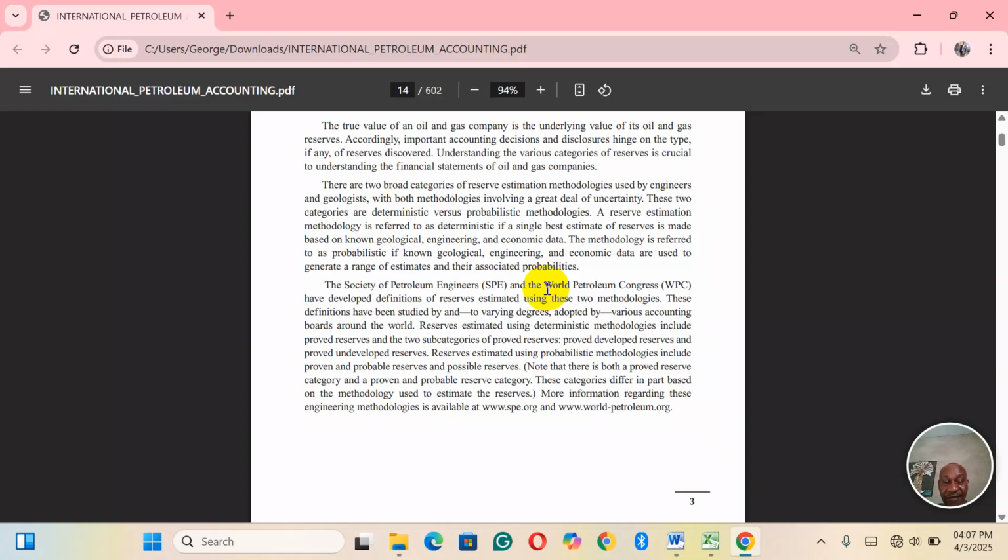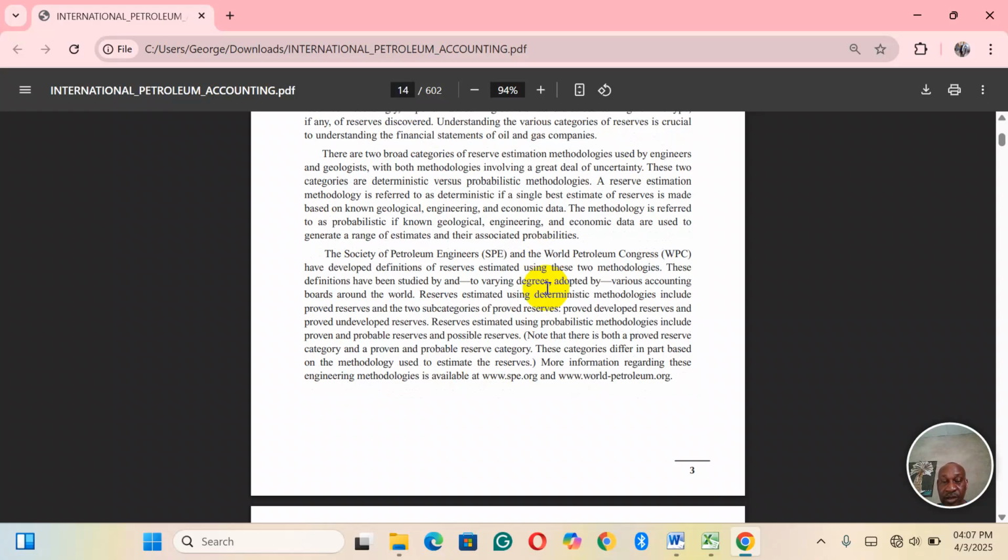Reserve estimates using the deterministic methodology include proved reserves and the two subcategories of proved reserves, that is proved developed reserves and proved undeveloped reserves.